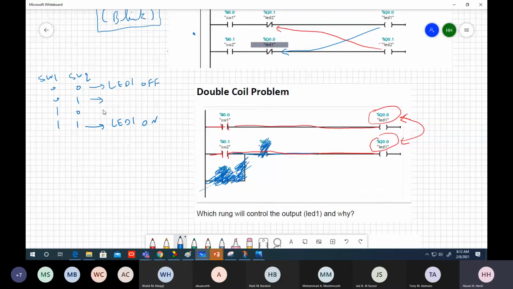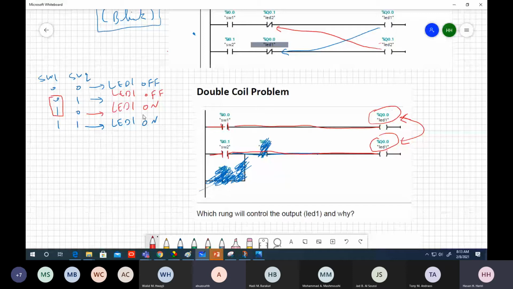Now, according to Hussam, correct me if I'm wrong, that's what you said, Hussam. If switch 1 is on and switch 2 is off, LED 1 will be on, right? And if switch 1 is off and switch 2 is on, then LED 1 will be off because this rank will win.